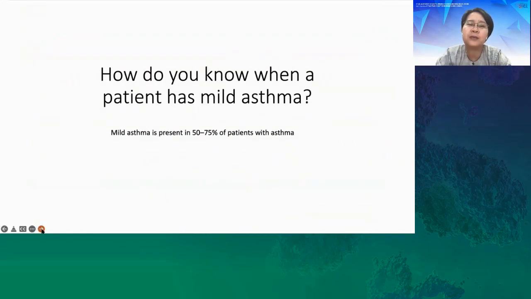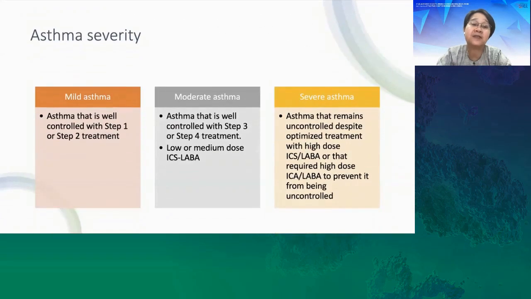So how do you know when a patient's got mild asthma? First of all, caveat, mild asthma is present in as much as 50 to 75% of patients with asthma, so we can't ignore it. And asthma severity is actually based on steps. So if you are well controlled at step 1 or step 2, you are mild. If you are well controlled requiring treatment at step 3 and 4, you're moderate asthma.